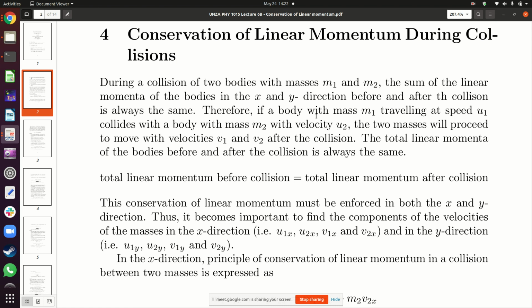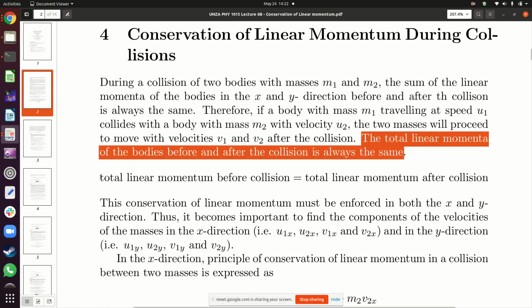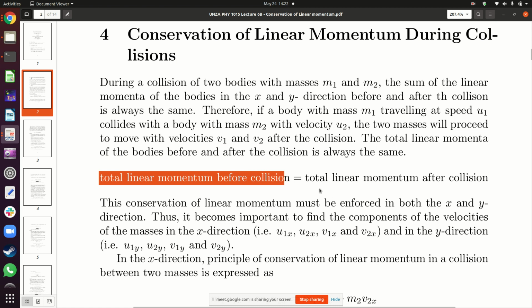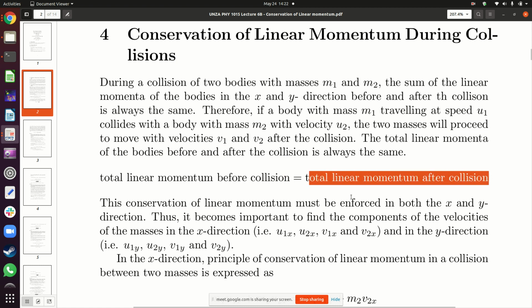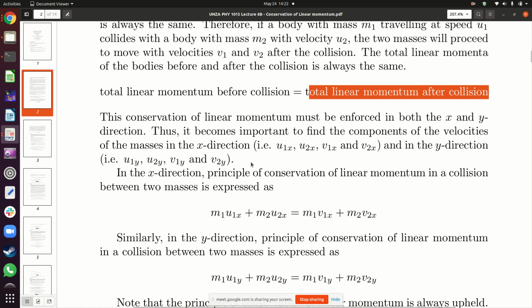The second object, mass m2, has velocity u2. After they collide, we are assuming that the masses of these objects still remain the same, but their velocities have to change. The first object with mass m1 ends up having velocity v1, and the second object with mass m2 ends up having velocity v2. So the total linear momentum before the collision and the total linear momentum after the collision has to be the same. That is a requirement.